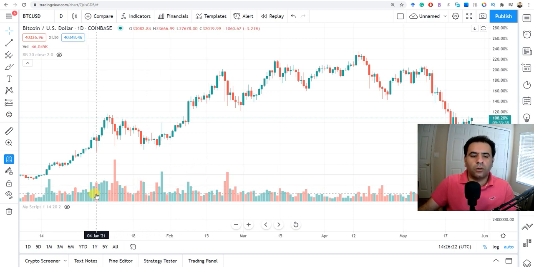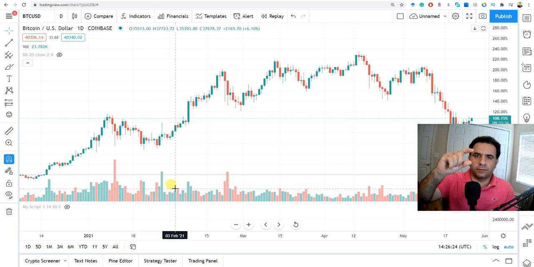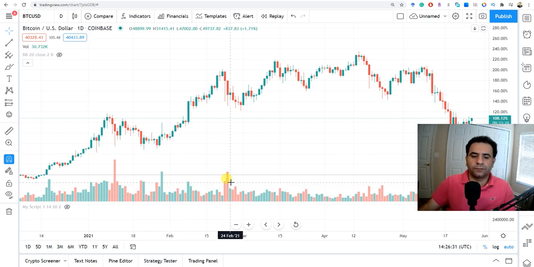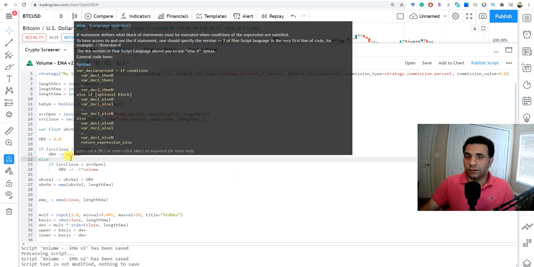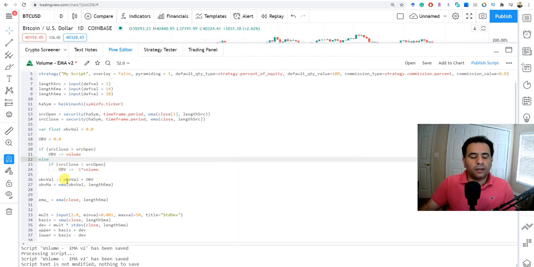So all the bars that are green are kept, and the bars that are red are flipped. Now everything with the negative is shown with a negative sign. So if it's positive, it means we have an increase in the price. OBV is equal to volume, so the green candles.